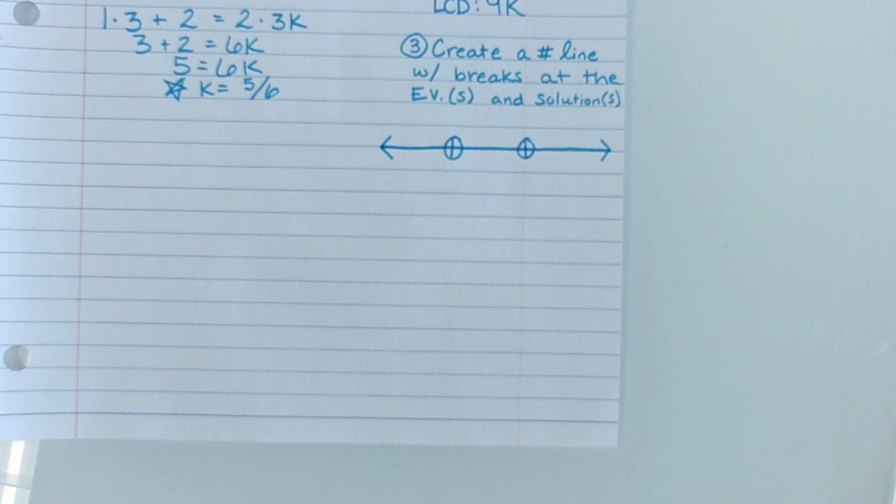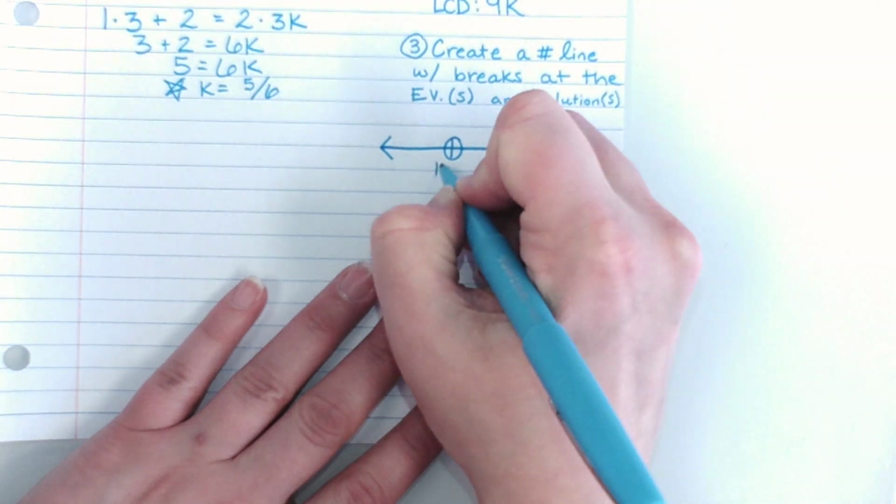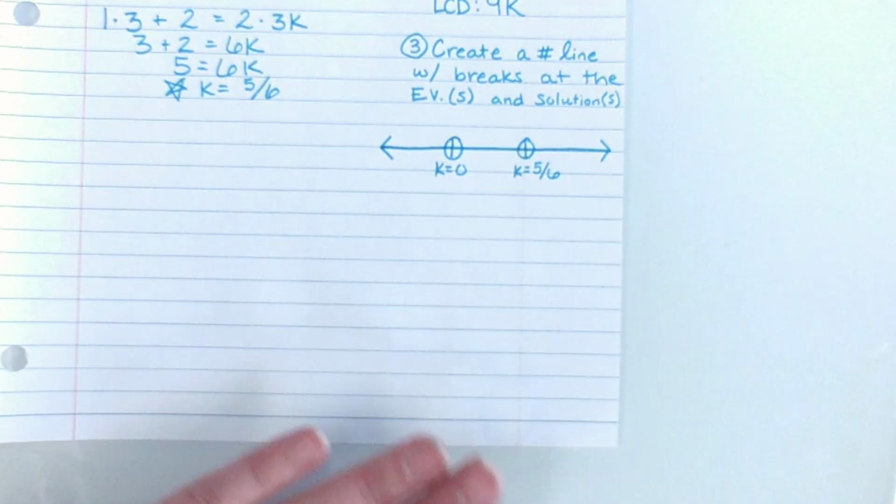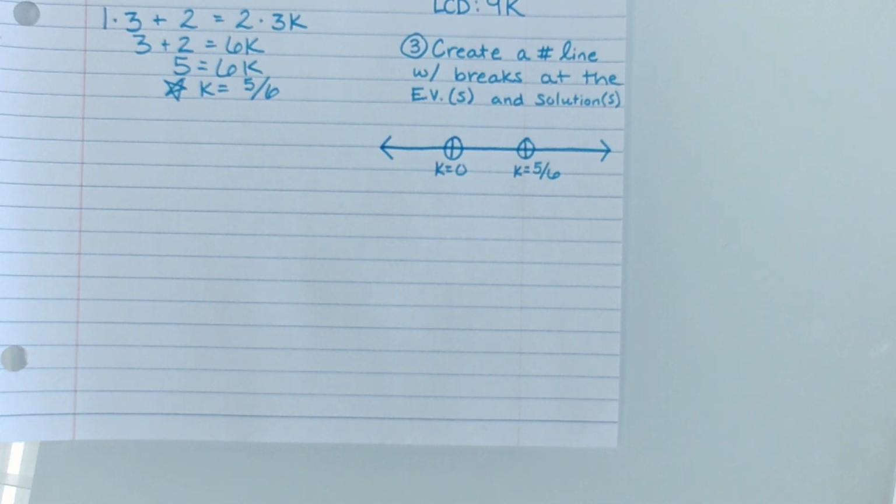And I label them with their corresponding numerical value. Making sure that when I label them, the left side is smaller, the right side is bigger. Put them in order, left to right, smallest to biggest. Between 0 and 5/6, k equals 0 is smaller, k equals 5/6 is larger. So I put the 0 on the left side, the 5/6 on the right side.